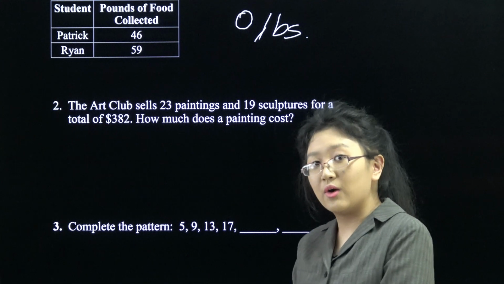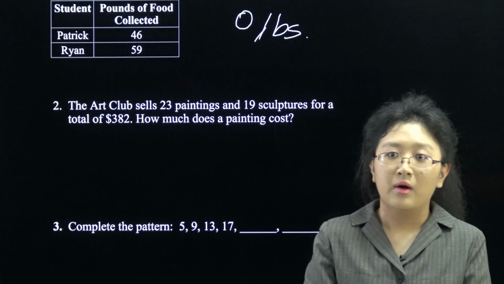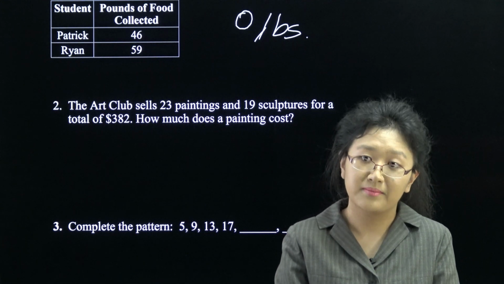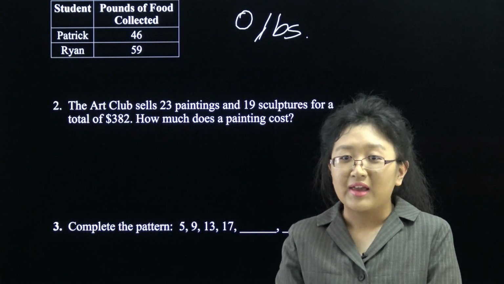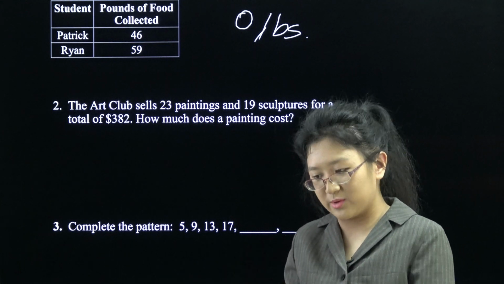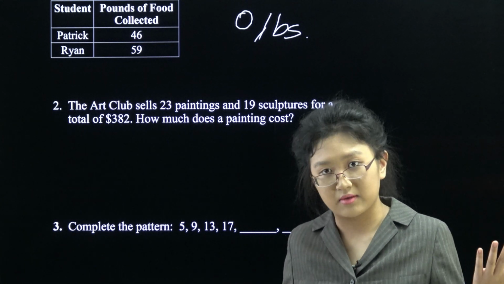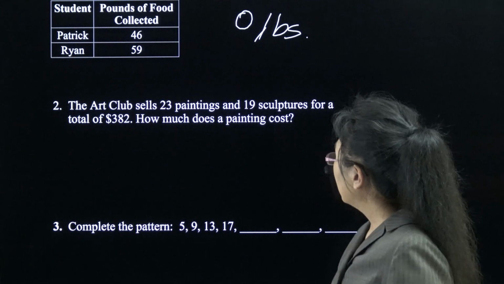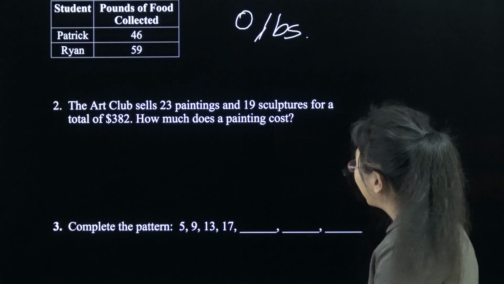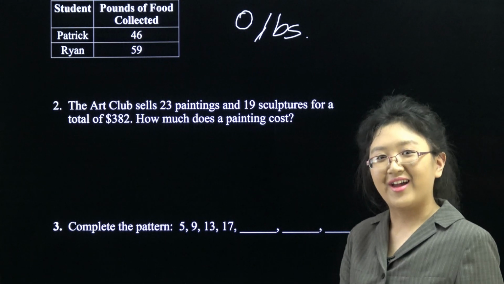Because then we can figure out how much a painting costs. Remember what I said last section? Well, actually, no, last chapter. You can't really have 2 variables unless there is a correlation between these 2 variables that you could work with. And by 2 variables, I mean 2 unknown variables. And in here, we have 2. So, yeah.